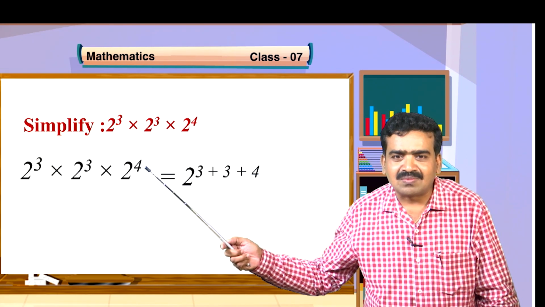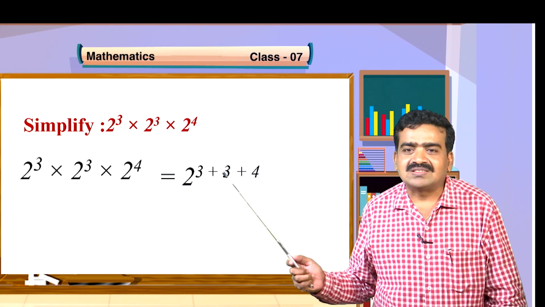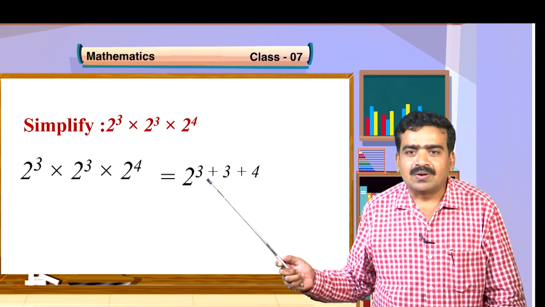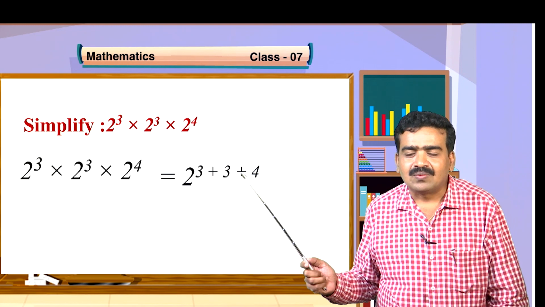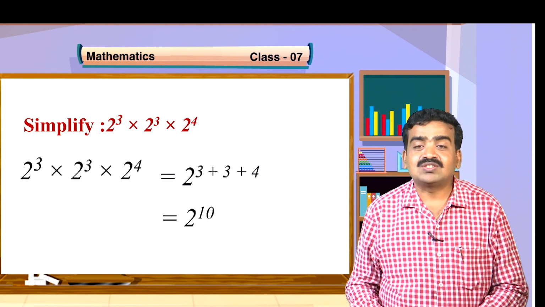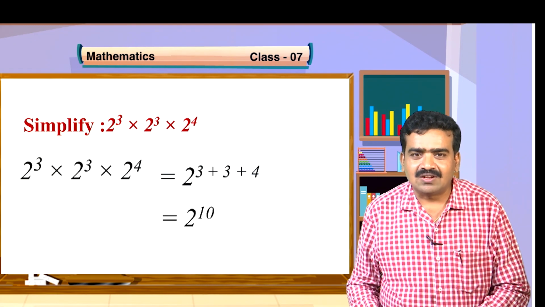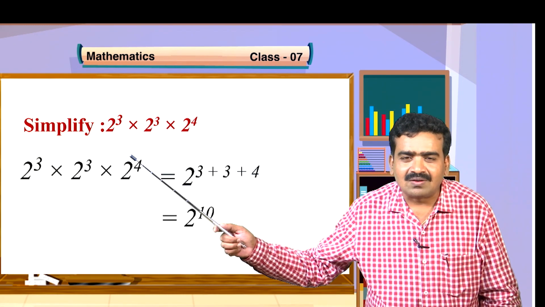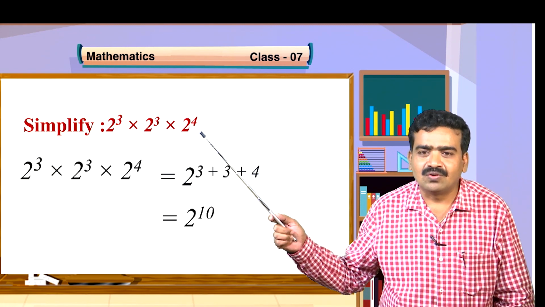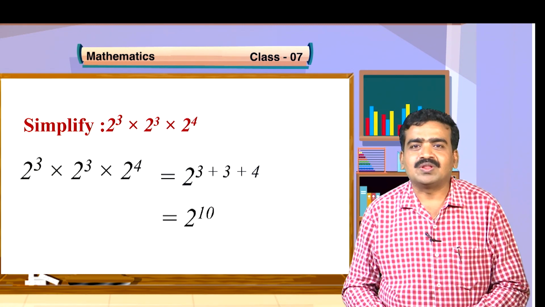So, which is the sum of the exponents? 3 plus 3 plus 4. What is the sum of 3 plus 3 plus 4? Yes, you are exactly correct. It is 2 to the power of 10. Therefore, the simplified form of 2 cubed into 2 cubed into 2 to the power of 4 is equal to 2 to the power of 10.